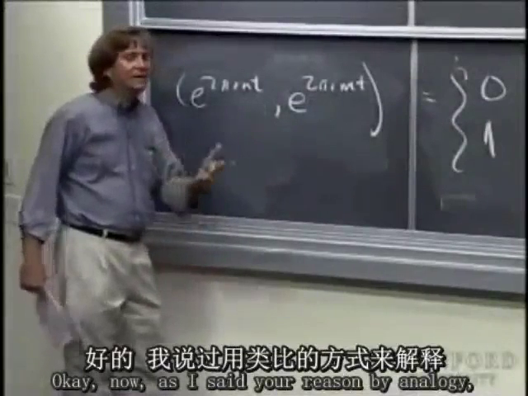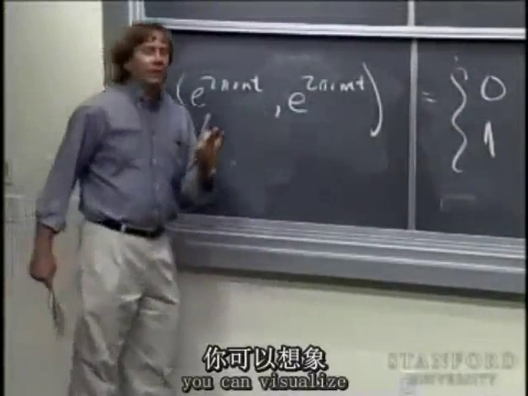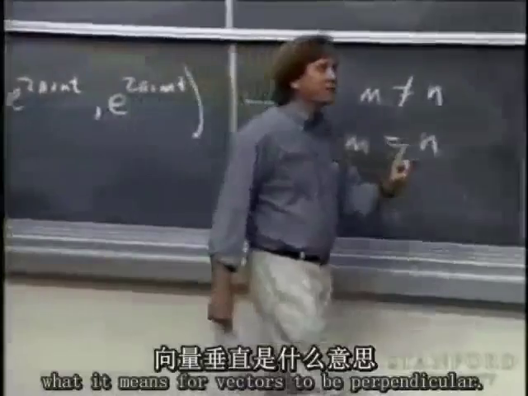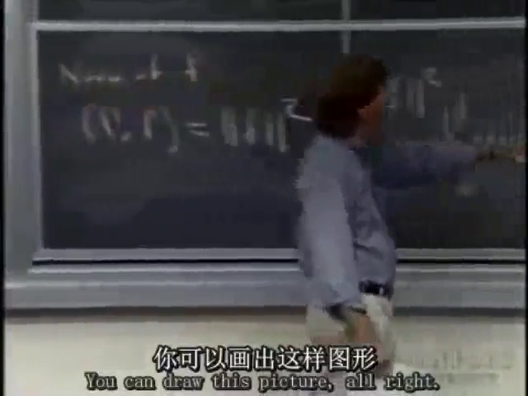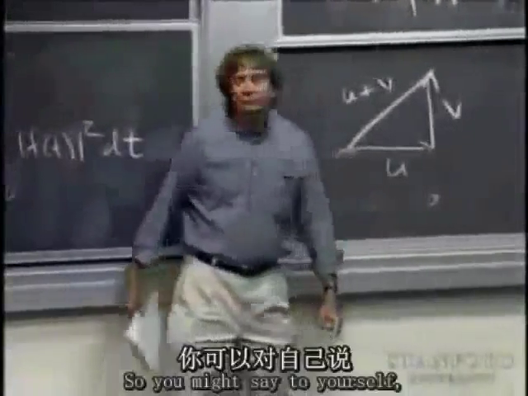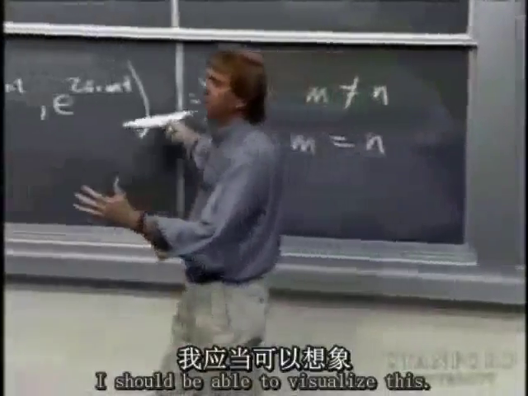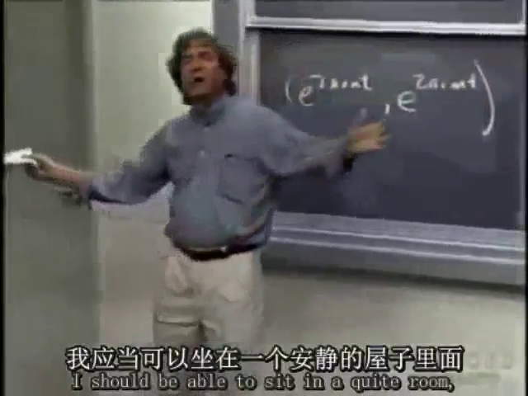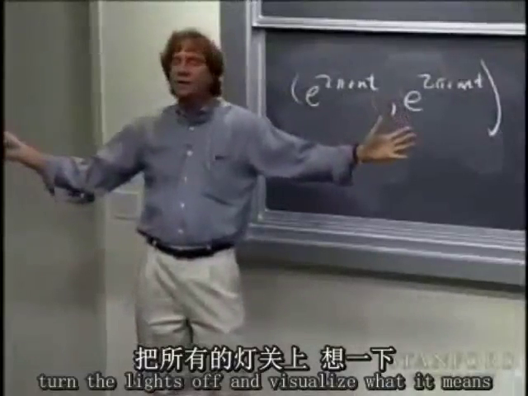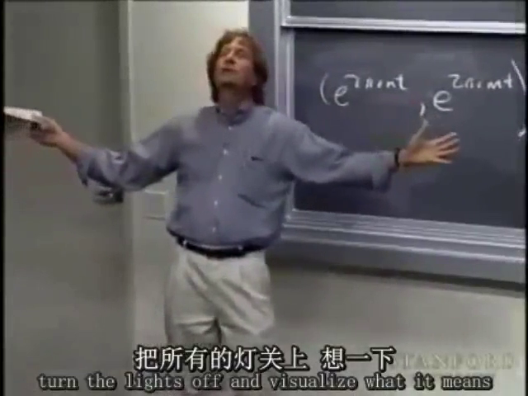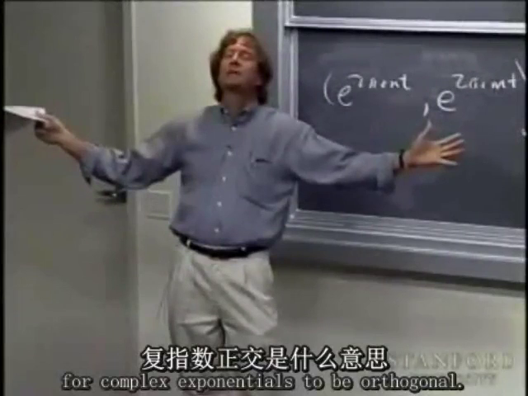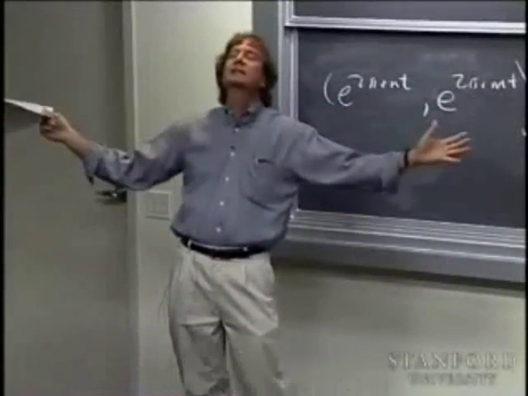Okay, now, as I said, you reason by analogy. You can visualize what it means for vectors to be perpendicular. You can draw this picture. So you might say to yourself, I should be able to visualize this. I should be able to sit in a quiet room, turn the lights off, and visualize what it means for complex exponentials to be orthogonal. Yes, yes, I see it.